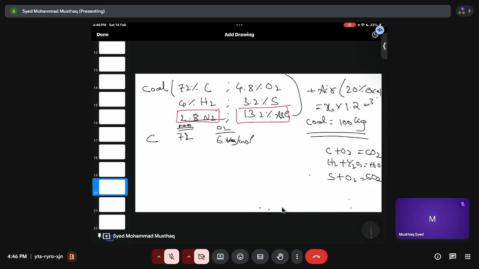You can write it. Now moving to hydrogen. Hydrogen is 4%, that means 4 kilogram. Molecular weight is 2, so if I divide by 2, that will be 2 moles. So 2 moles will require half mole each, right? So that means 1 mole.